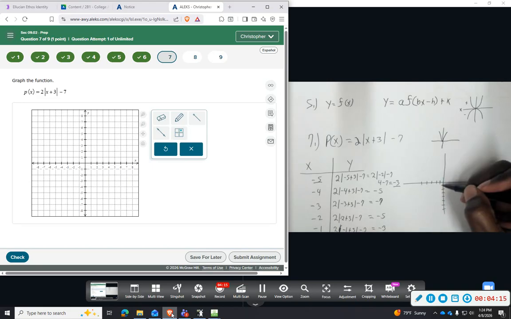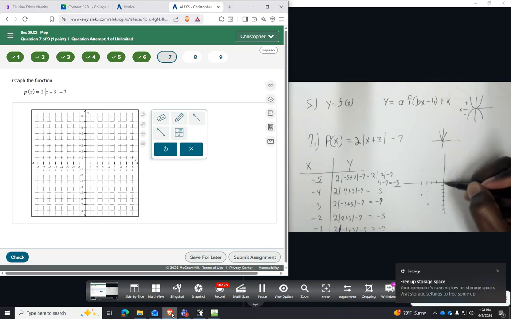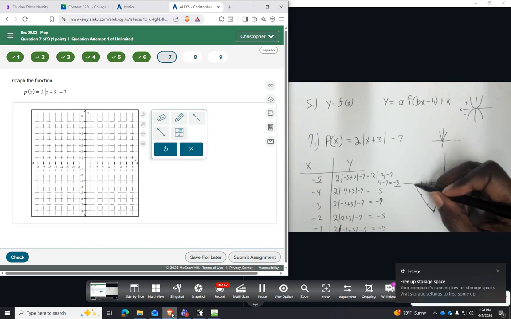Okay, so I'm going to go left 5, down 3, 1, 2, 3, and then I'm going to go left 4 and down 5, 1, 2, 3, 4, 5, left 3 and down 7, left 2, down 5, left 1, and then down 3. Okay, so you can kind of see this V shape forming. And it'll just continue like so.